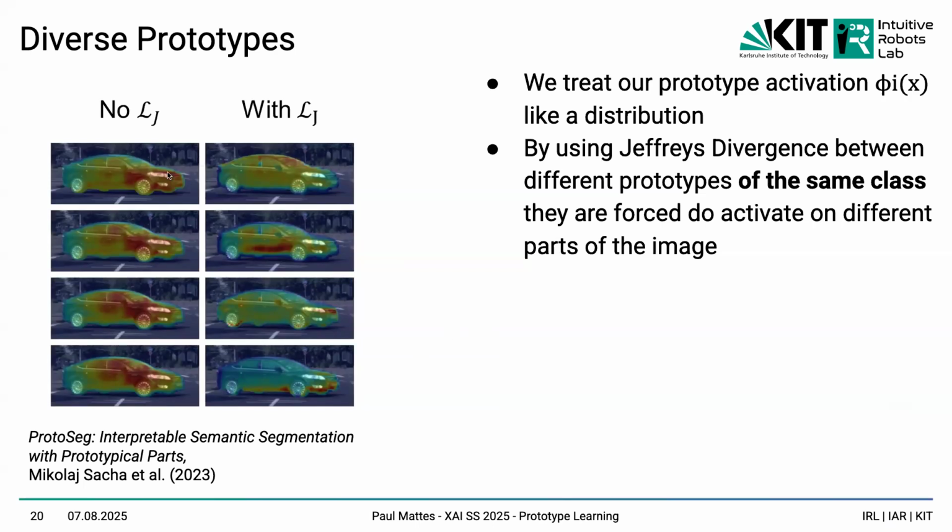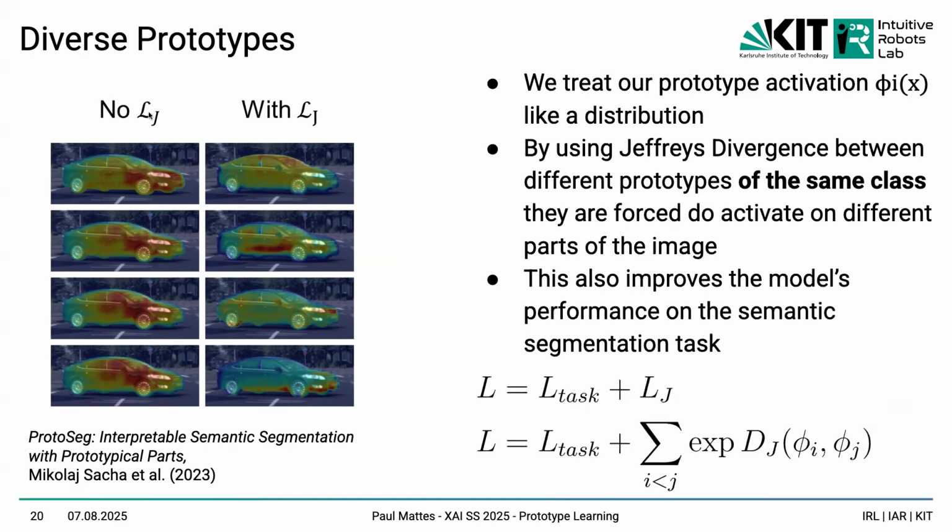And as you can see here, if we don't have this additional loss, usually the activations look pretty much similar for all different prototypes, right? And if we have this loss, we can see here the upper part of the car, I guess. Here's the lower part. This one is more on the front, and this one is maybe the lower part of the car.